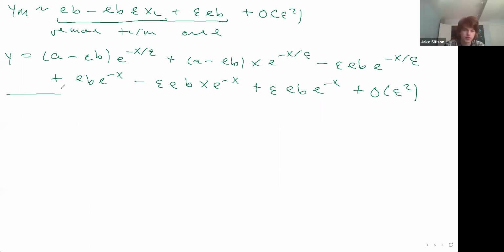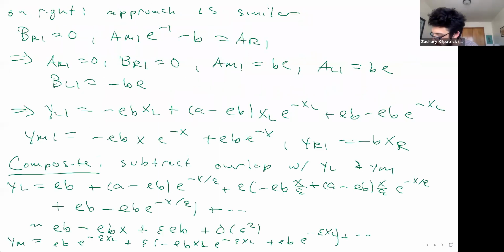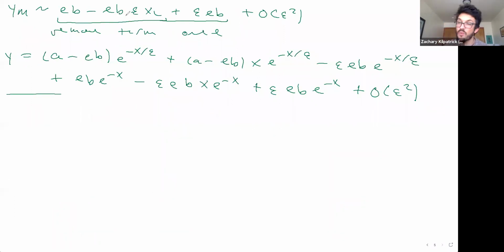Why, when you're doing that, do you put XL back into YM instead of just keeping both in terms of the same variable? Yeah, you could. I just did it here to show that this is essentially what you're going to see in the inner layer if you take the outer solution into the inner layer.